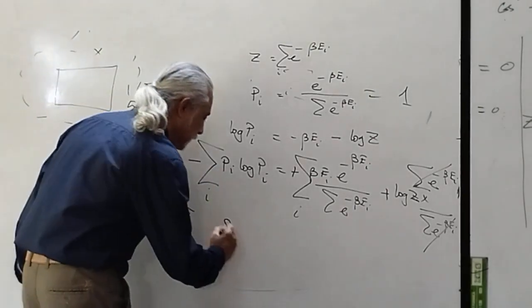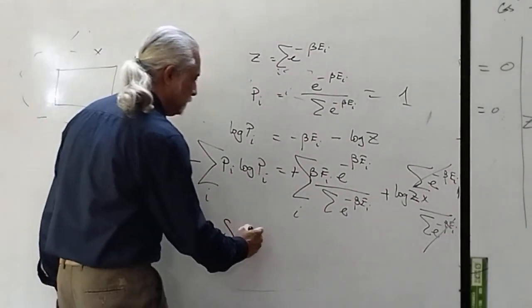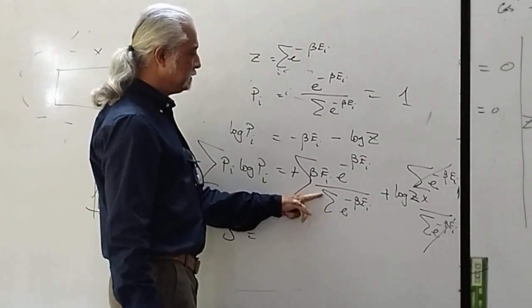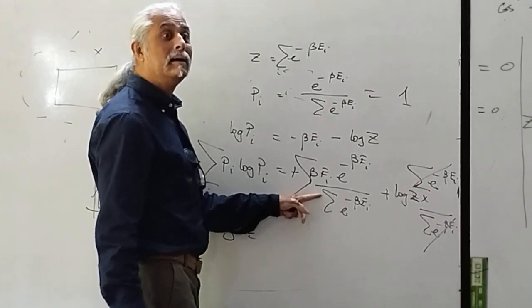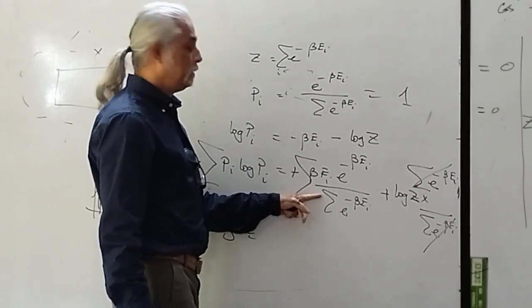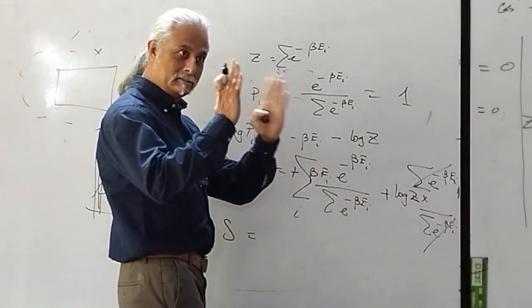So I can write S. Can you recognize this? Beta times the average energy per system.